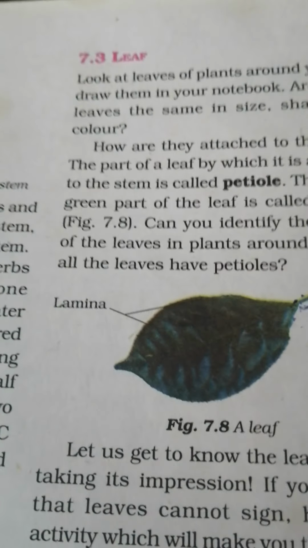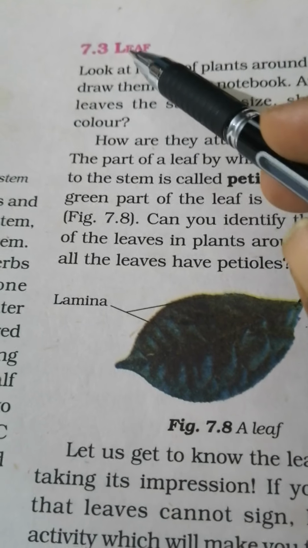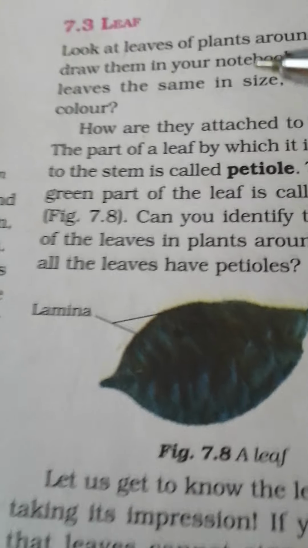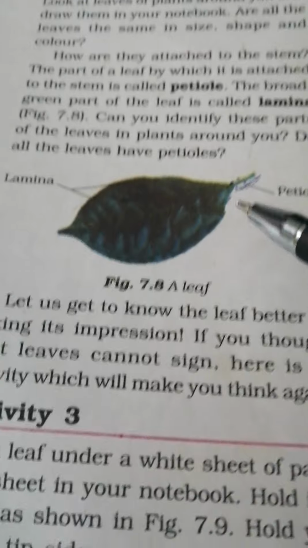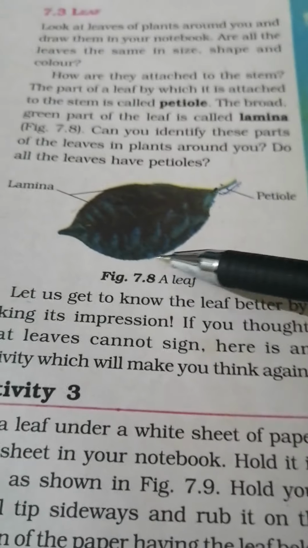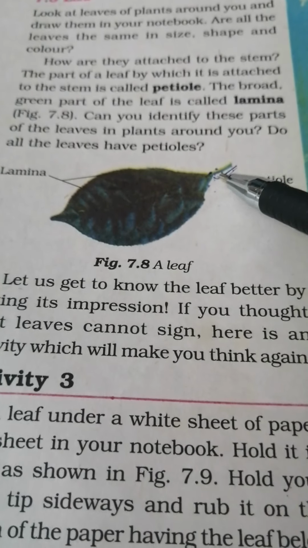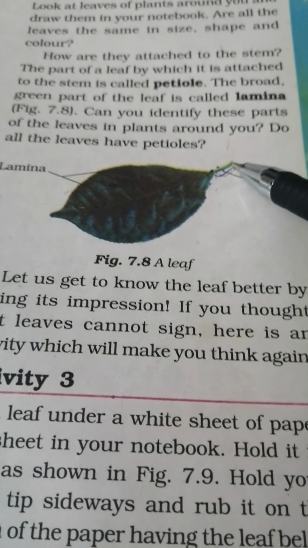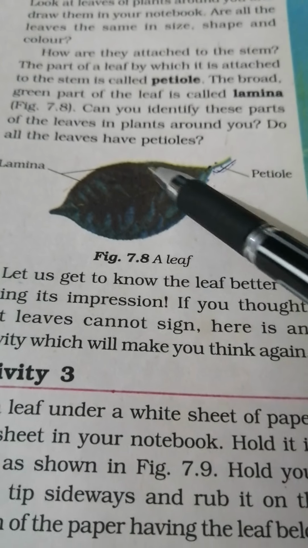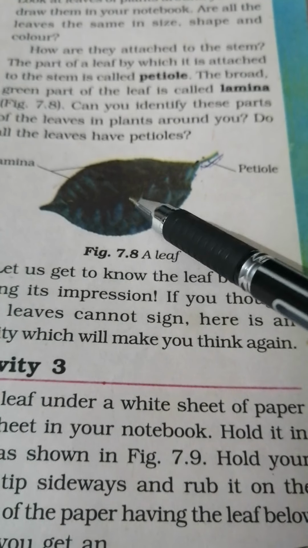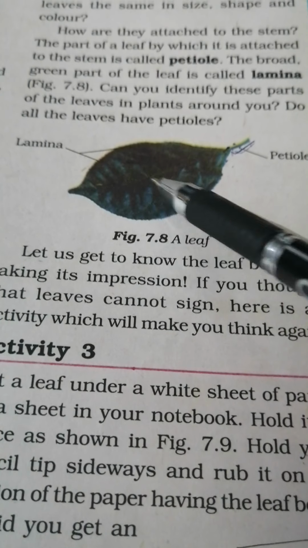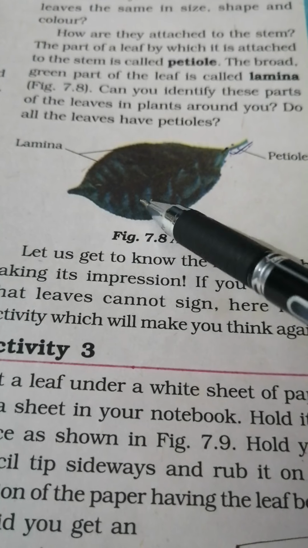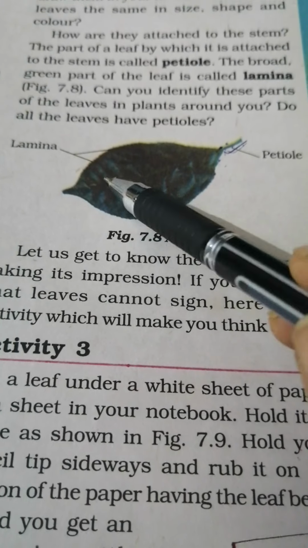Next is the leaf. We all know that a leaf is mostly green in color. The part attached to the stem is called the petiole. The broad part of the leaf is called the lamina, or leaf blade, and the structures found on the leaf are called veins and venation.